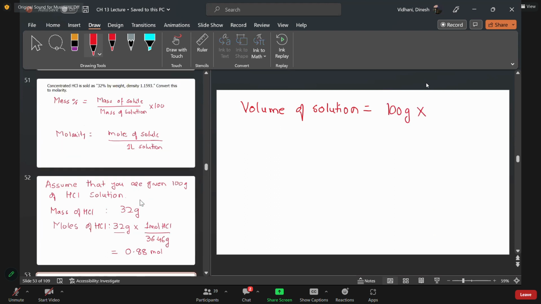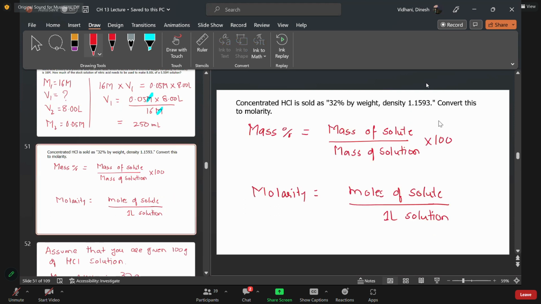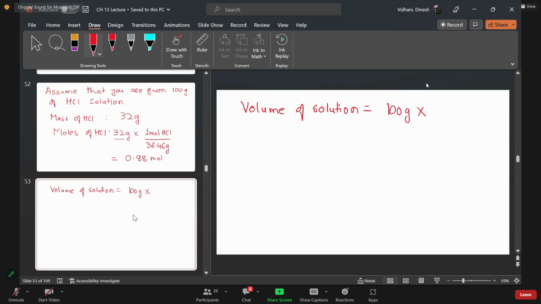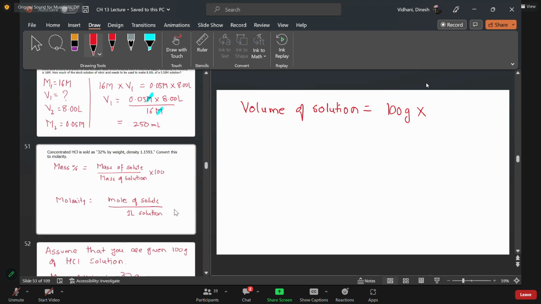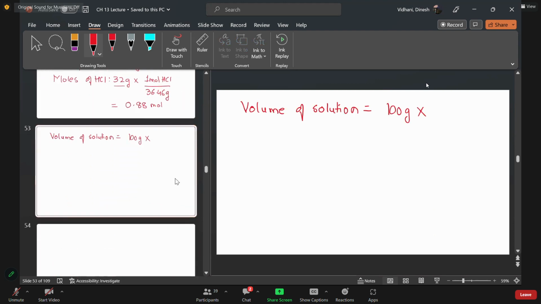And when you look at the information that's been provided to us, we have been given density, which is 1.1593. That one is in grams per milliliter. So I'll just write here 1.1593 grams per milliliter. Is this the right conversion factor? The way I have written, is this correct?